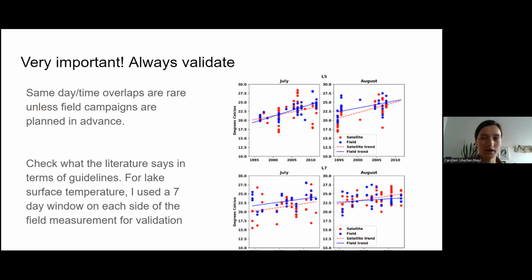I'm not aware off the top of my head, but I do know that the reason for that with Landsat surface temperature in particular is that the resolution of the thermal sensor is 100 meters, and then they use other bands that have a resolution of 30 meters to downscale that measurement into the surface temperature.